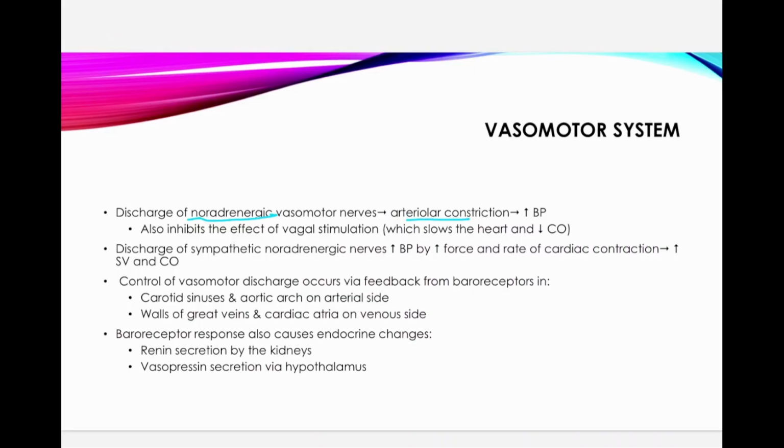Also inhibits the effect of vagal stimulation, which is going to slow the heart rate and reduce cardiac output. So we're going to speed up the sympathetic system, but also wear down the parasympathetic so it doesn't work as much. So the sympathetic takes over. So it increases blood pressure by force and rate of cardiac contraction. So the squeeze is going to be enhanced with the beta agonist, and the rate is going to go up as well.